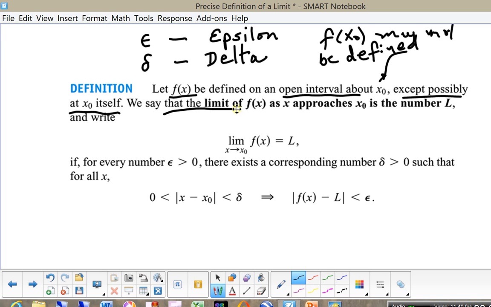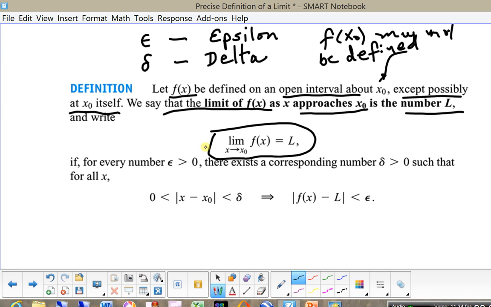So we say that the limit of f of x as x approaches x naught is the number L, and we write, as we've been writing, the limit of f of x as x approaches x naught equals L.